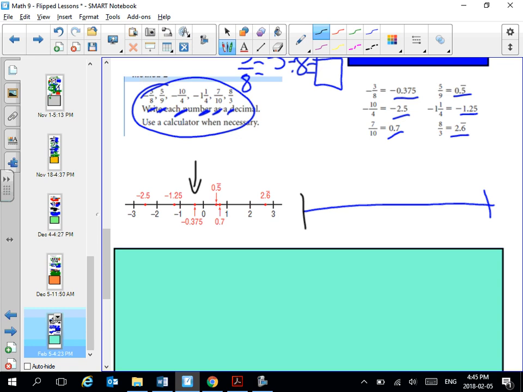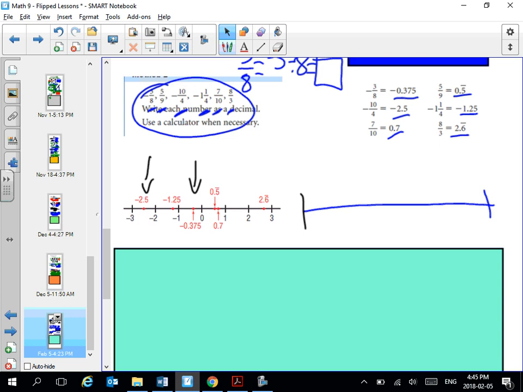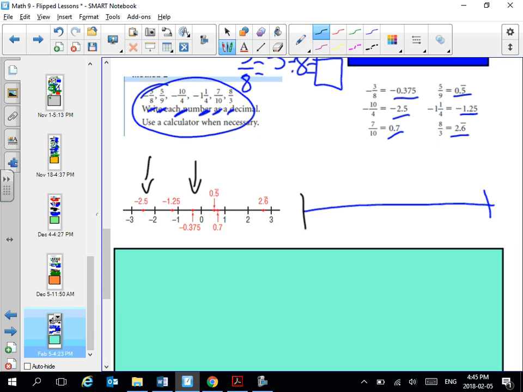I know that negative 10 over 4 wound up being negative 2.5, so it winds up going in between negative 2 and negative 3. Okay. 5 over 9 becomes 0.5, so it winds up going in between 0 and 1. So what I'm going to do is show you how, if I use this method, I convert all of them into decimals, then I can go ahead and put them onto my number line.